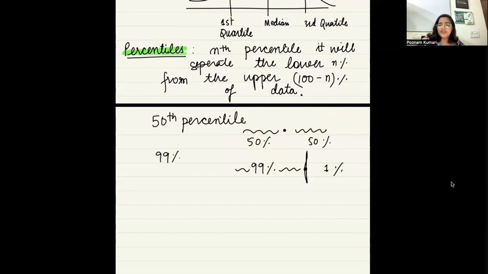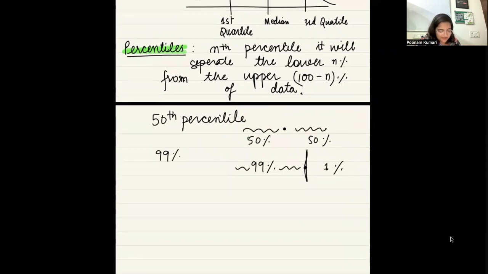Ma'am, it divides the value in the middle. So basically the median value is doing what? 50% of the data on one side and 50% of the data on the other side, right? So what is my 50th percentile? My median? Yes, ma'am. Your median is your 50th percentile, right?